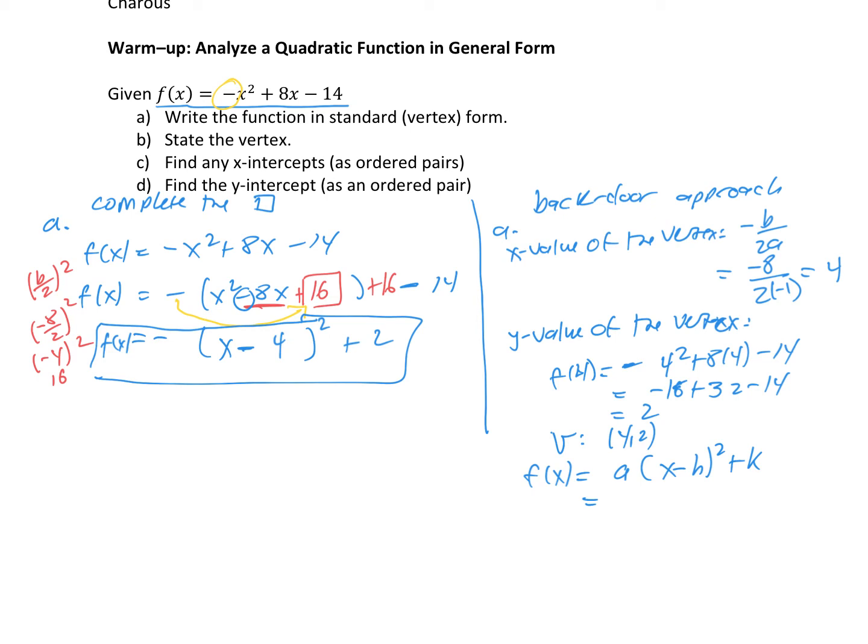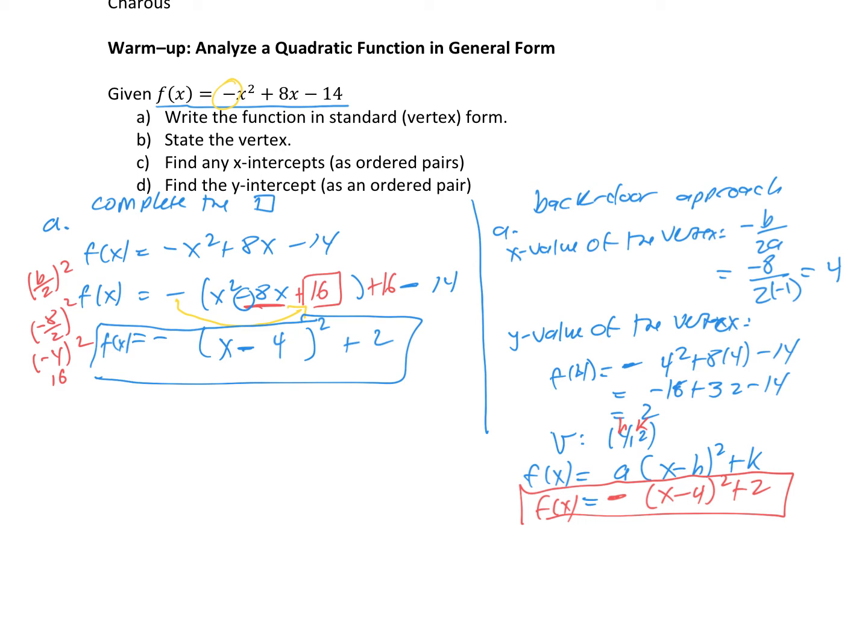So I'm going to write that down in my function. So negative. h is the x value of the vertex, so that's x minus 4 squared, and k is 2. So this is h and k. And we got the same function as we did by completing the square.